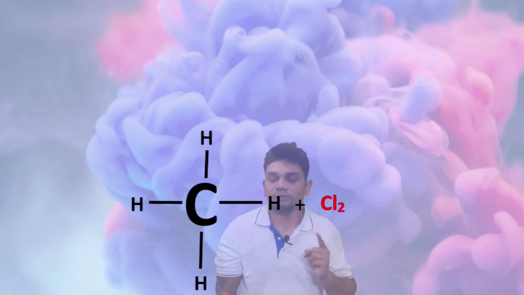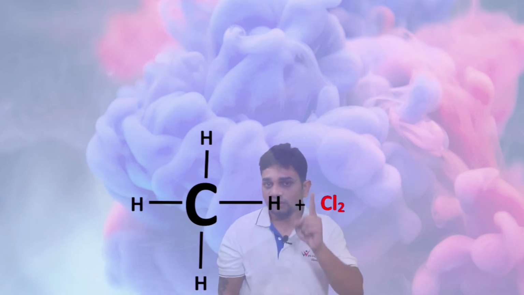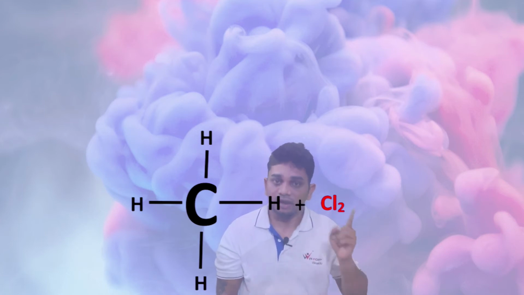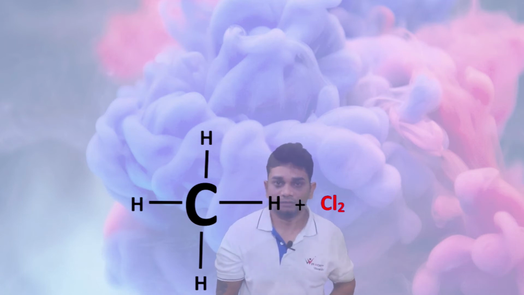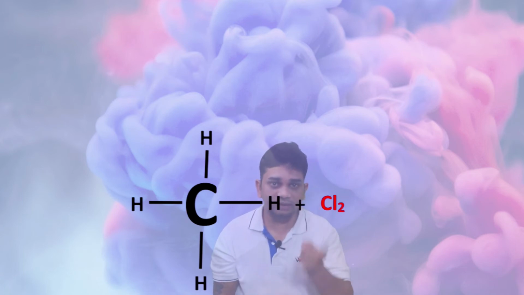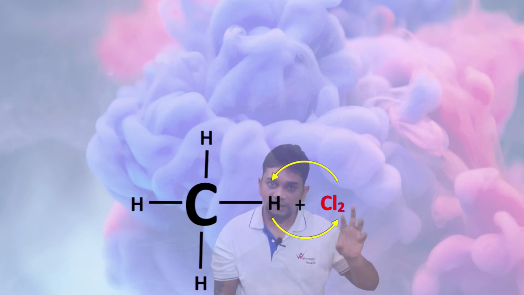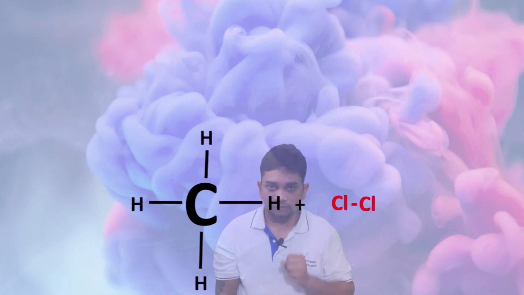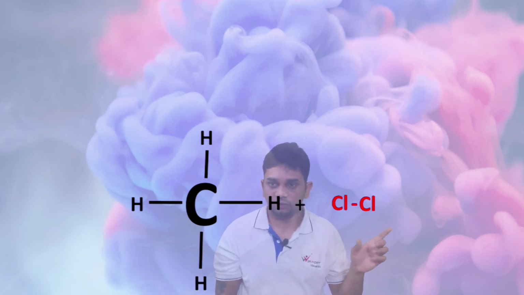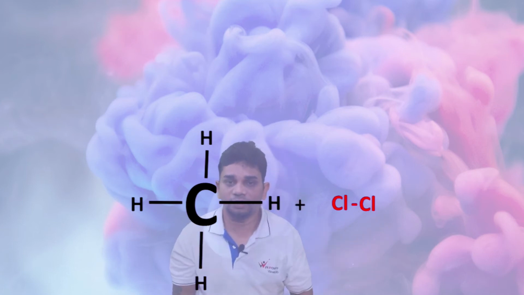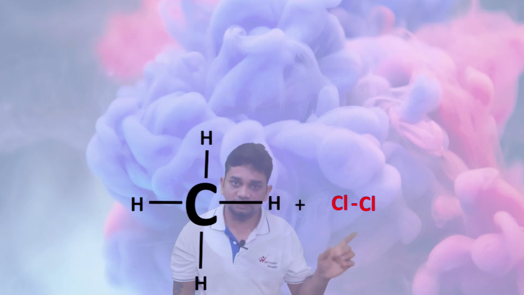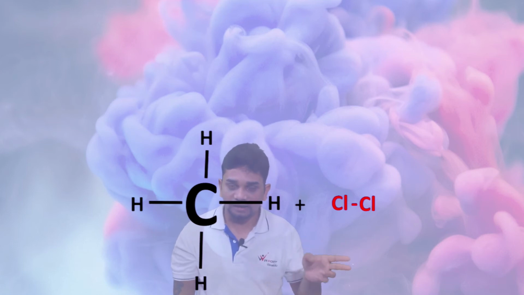From these two chlorine atoms, one chlorine atom is going to replace hydrogen from this hydrocarbon. The reaction will be like this. They will exchange position. Now Cl2, I am writing like this, Cl single bond Cl. No problem in that, because we can write Cl2 like this. Hydrogen is going to exchange position with chlorine.